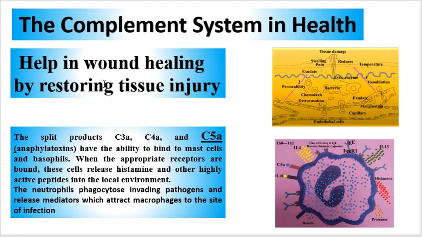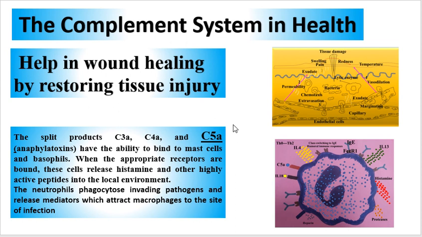And also, the complement system has recently been shown to take part in wound healing by restoring tissue injury. Actually, the split products of the complement system are the anaphylatoxins C3a, C4a, C5a.